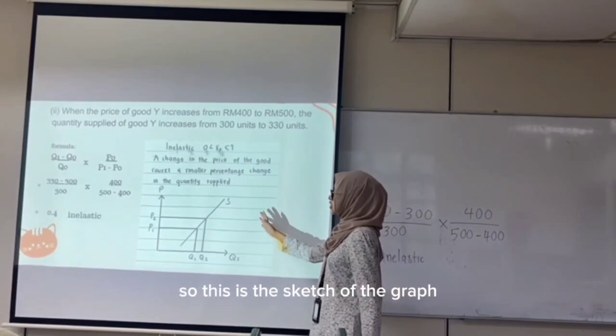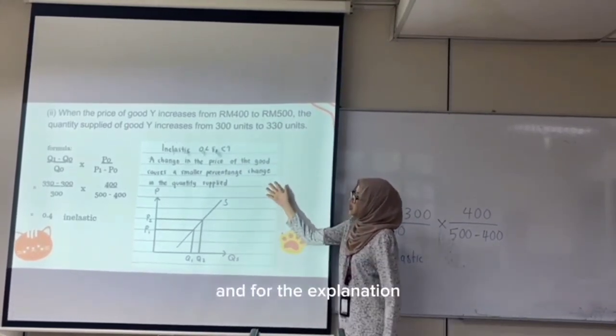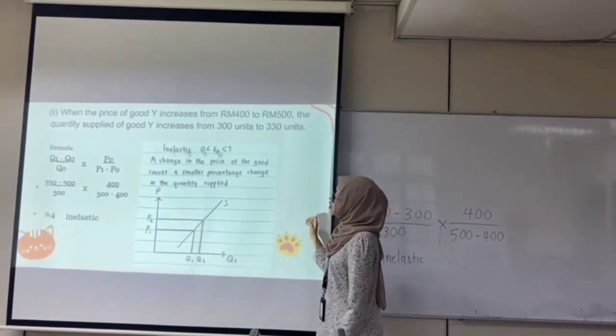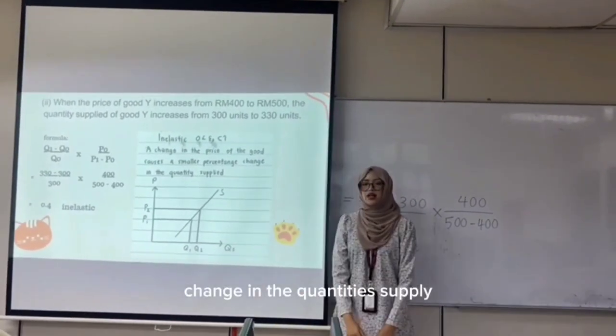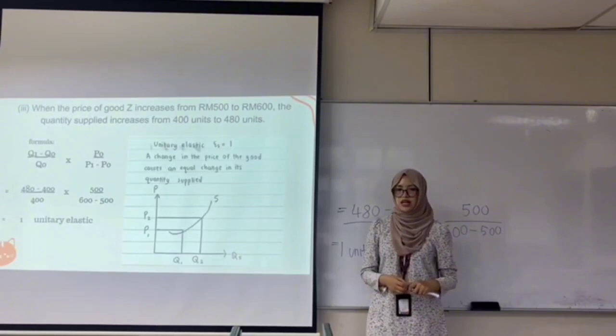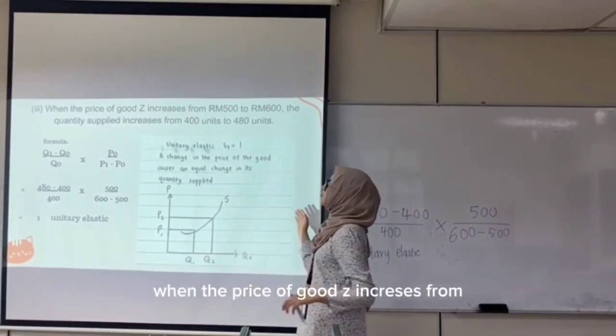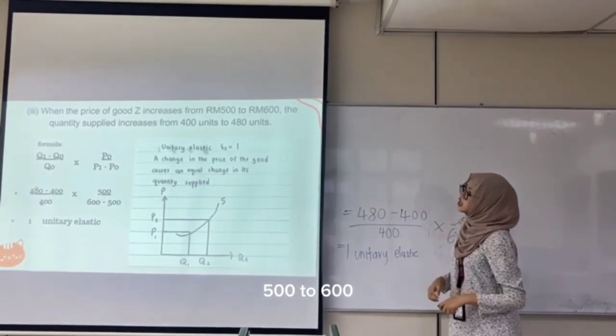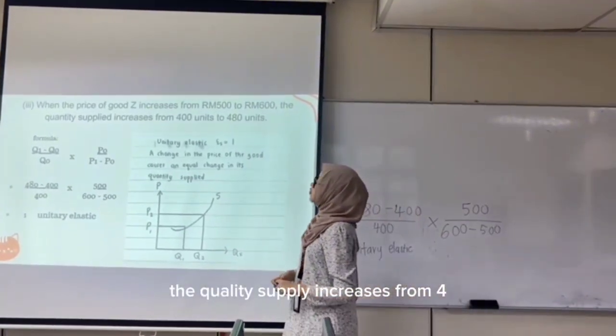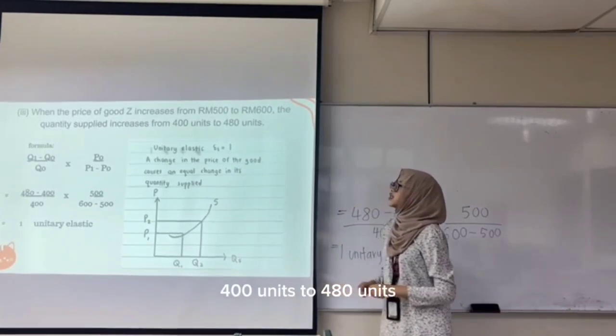So this is the sketch of the graph. And for the explanation, a change in the price of the good causes a smaller percentage change in the quantity supplied. That is for question 2. For the last question, when the price of good Z increases from 500 to 600, the quantity supplied increases from 400 units to 480 units.